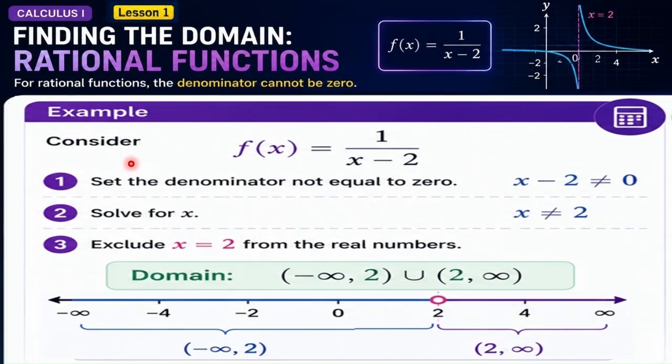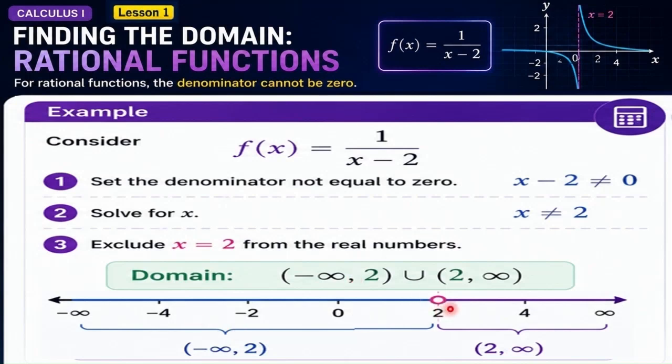Let us examine a more interesting example. Consider the function 1 divided by x minus 2. We know that division by 0 is undefined. Therefore, the denominator cannot equal 0. Setting x minus 2 equal to 0 gives x equals 2.